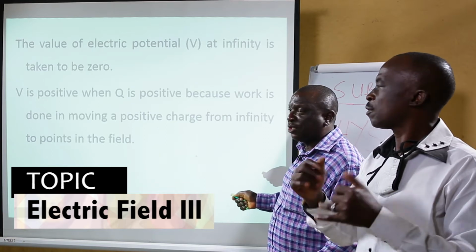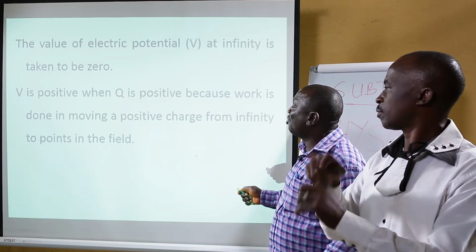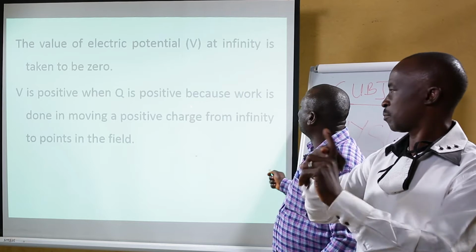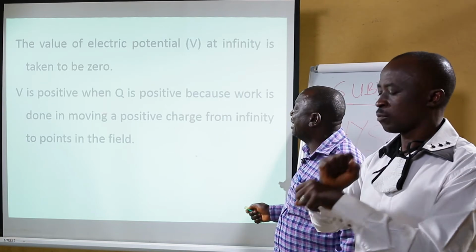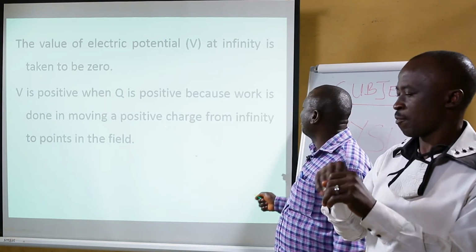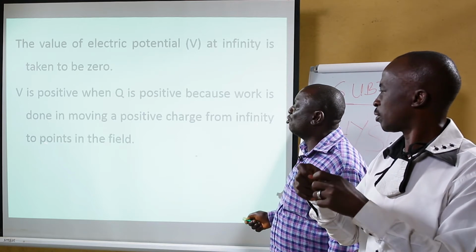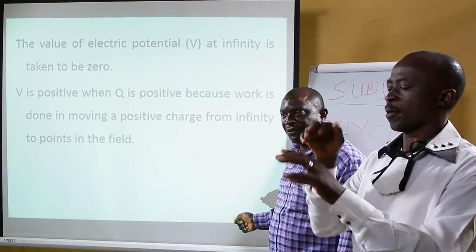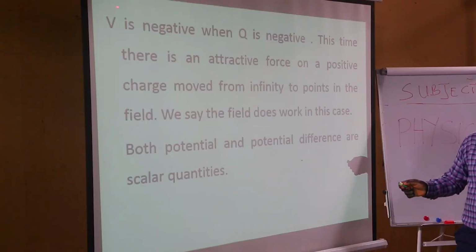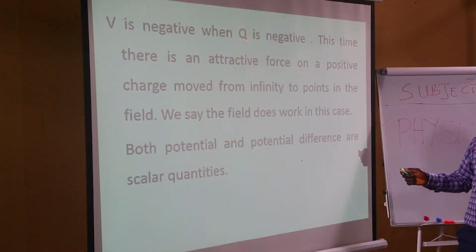Now, V is positive when capital Q is positive. Why? Because work is done in moving a positive charge from infinity to points in the field. And V is negative when capital Q is negative.